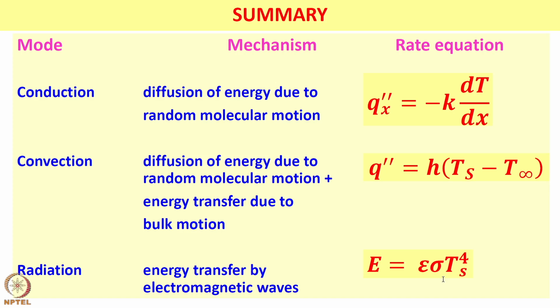So, the air around the human body was at 27, the human body was at 37, the temperature difference was 10, but radiation contributed about 40%. So, this is something which we need to remember. It is not something which is intuitive. So, in natural convection the heat transfer rates are low, so radiation also is very important.